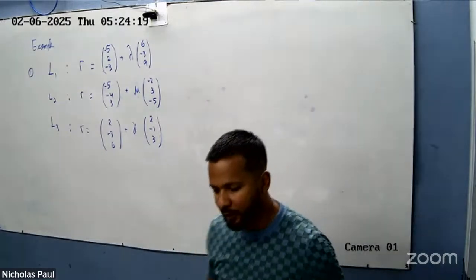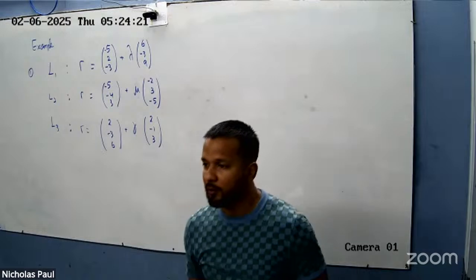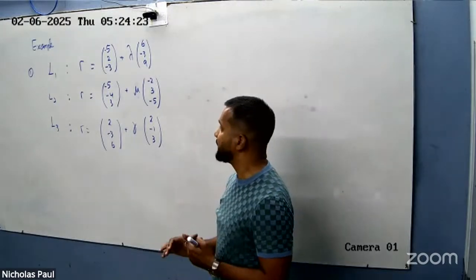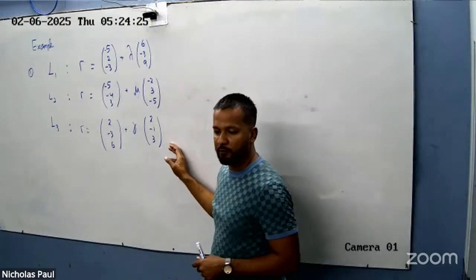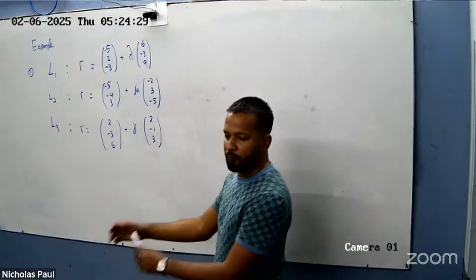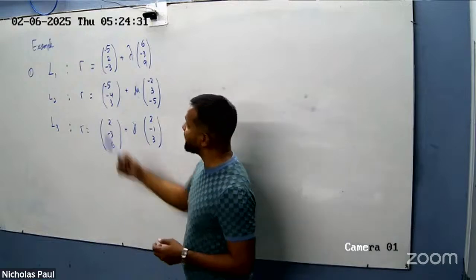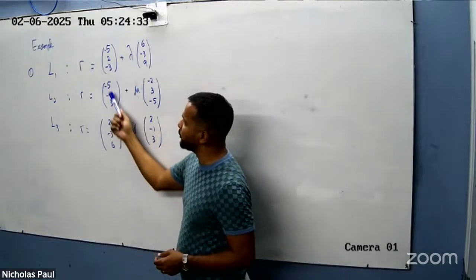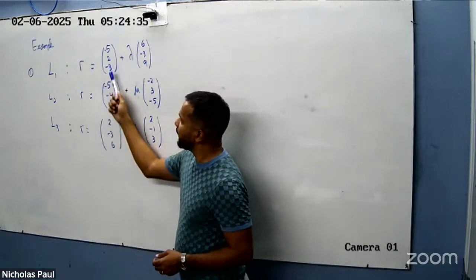All right, so let's start with the easiest. Which lines are parallel? Line 1 and 2, line 1 and 3, line 2 and 3?